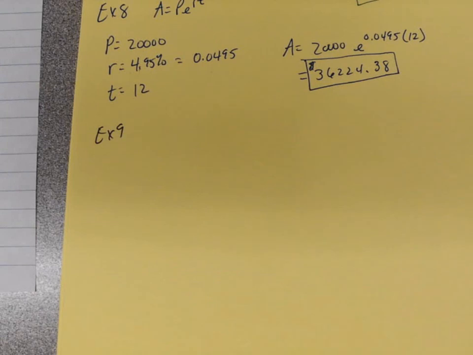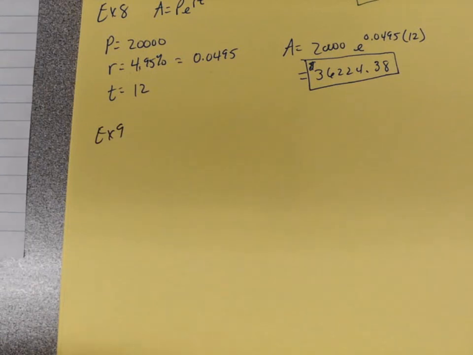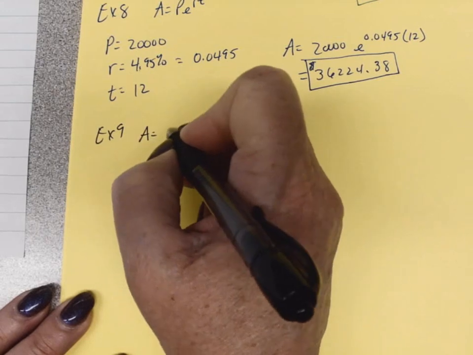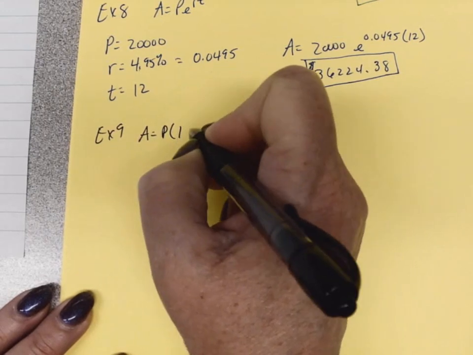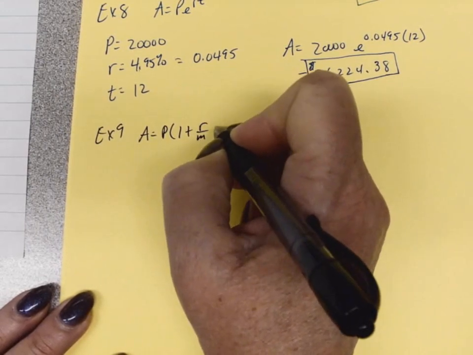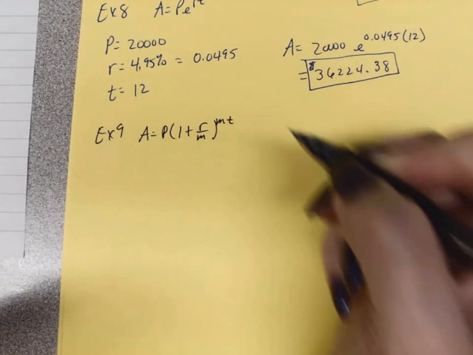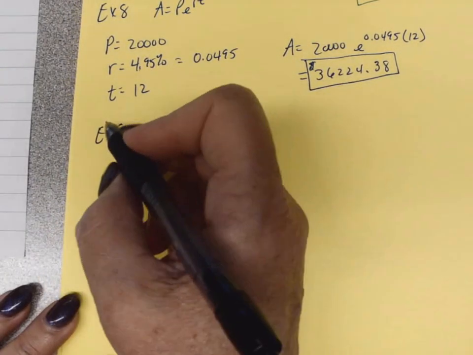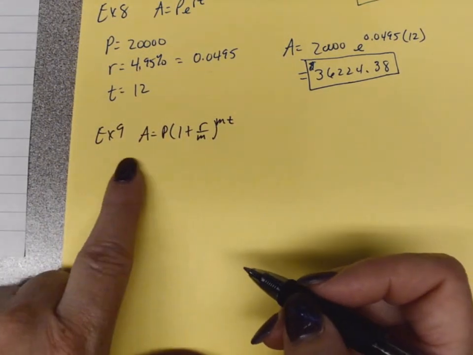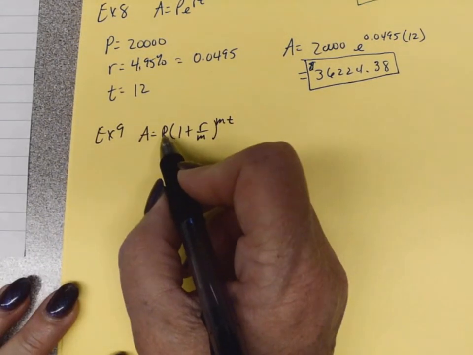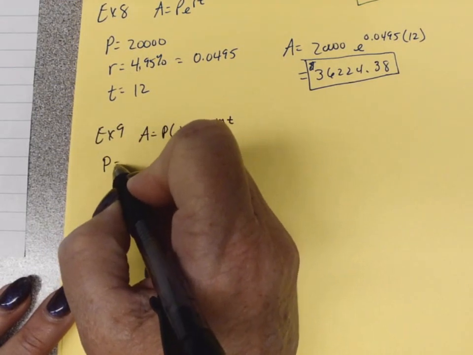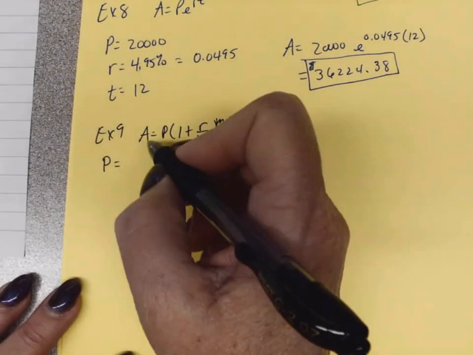All right, so we've got a couple of things going on here. First of all, our formula is going to be A equals P times 1 plus R over M raised to the MT. So for part A, let's list what they have in common. Our P, we are told, is that the amount we invested was $6,300.